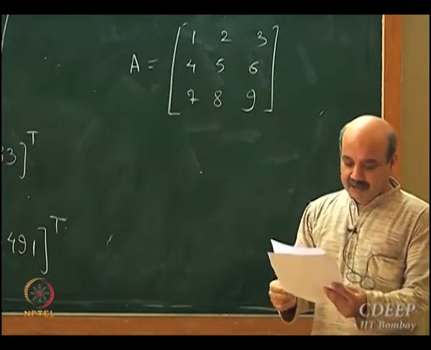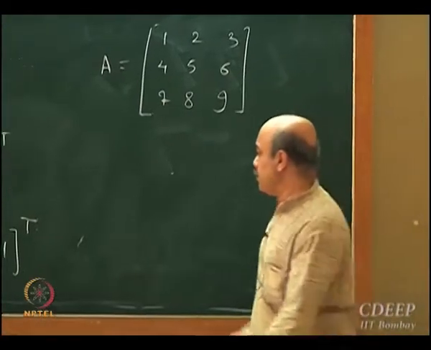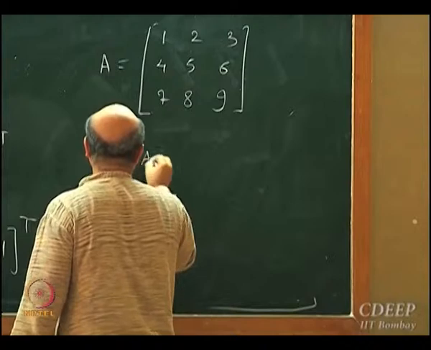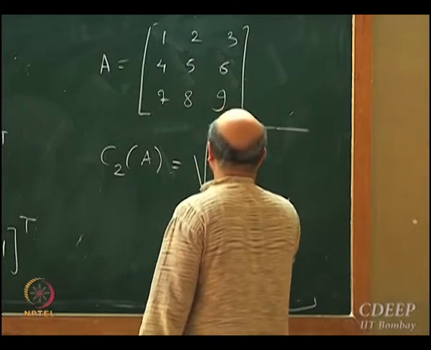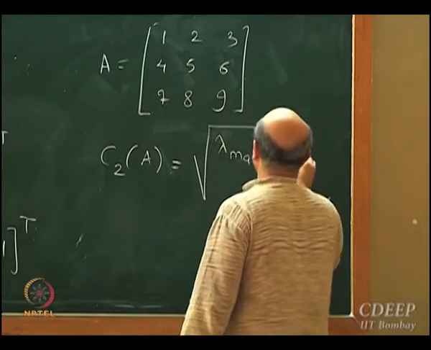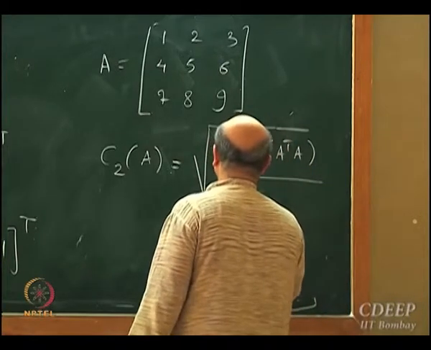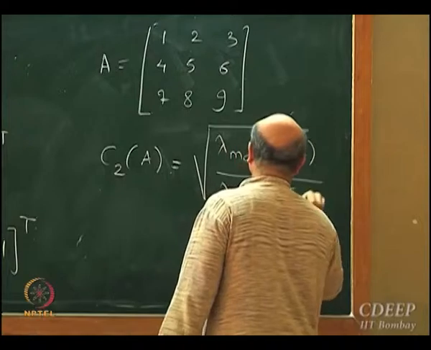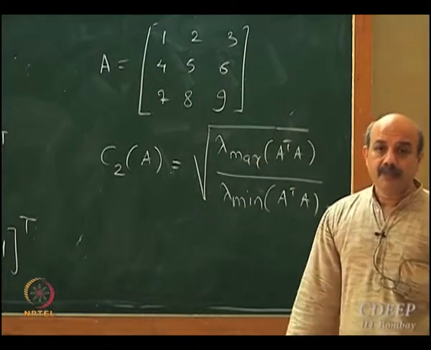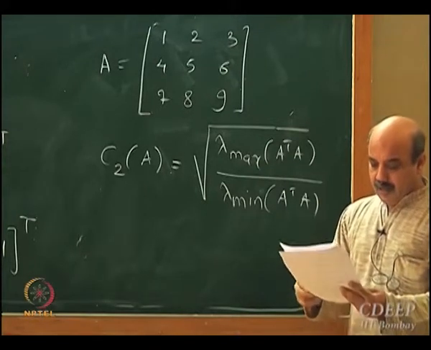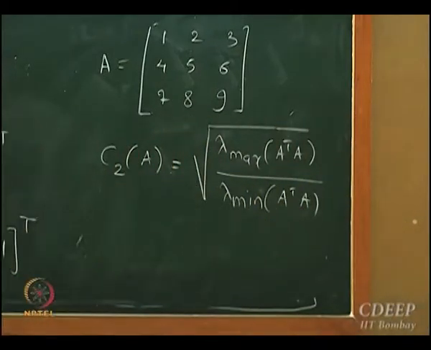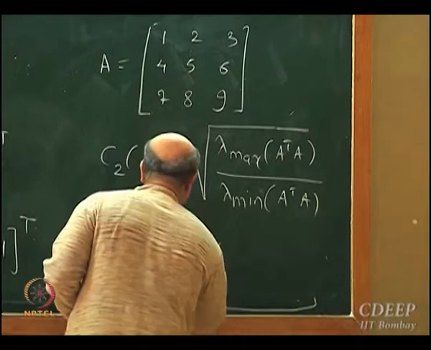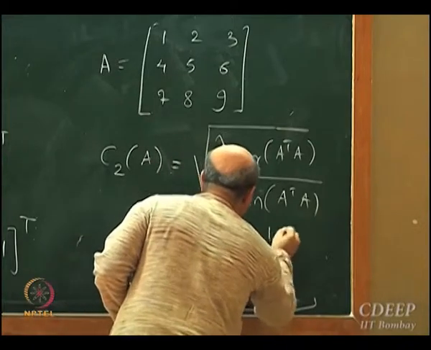The condition number of this matrix, that is C2 of A, is the square root of lambda max of A transpose A by lambda min of A transpose A. This turns out to be 3.81 into 10 to the power 16.